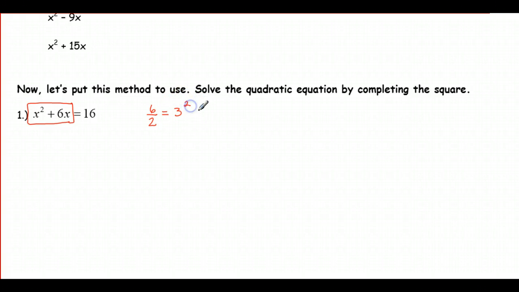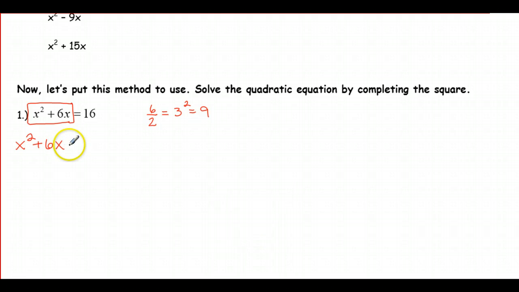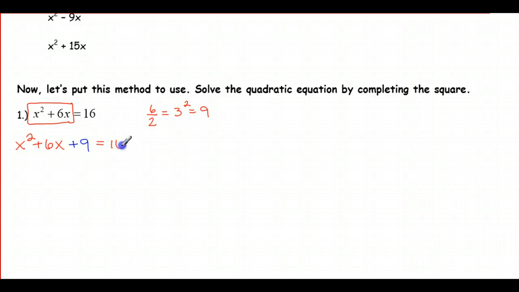Then I would square the 3 and I would get 9. So I'm going to take 9 and I'm going to add it to both sides of my equation. Because remember, whatever you do on one side of an equation, you must do on the other side of the equation.